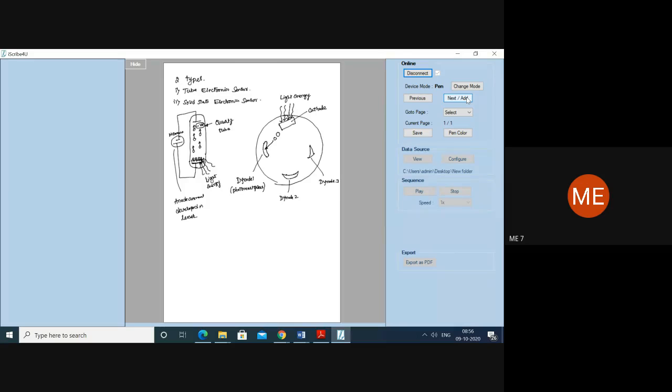Try to understand here: when the light energy falls on the cathode material, secondary electrons are generated. I want to multiply the secondary electrons, so that when more electrons pass to the negatively charged anode, I get a measurable value of the current.